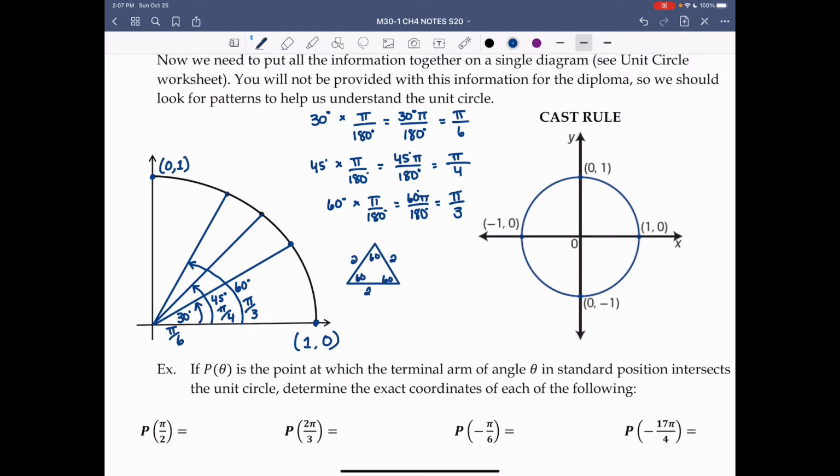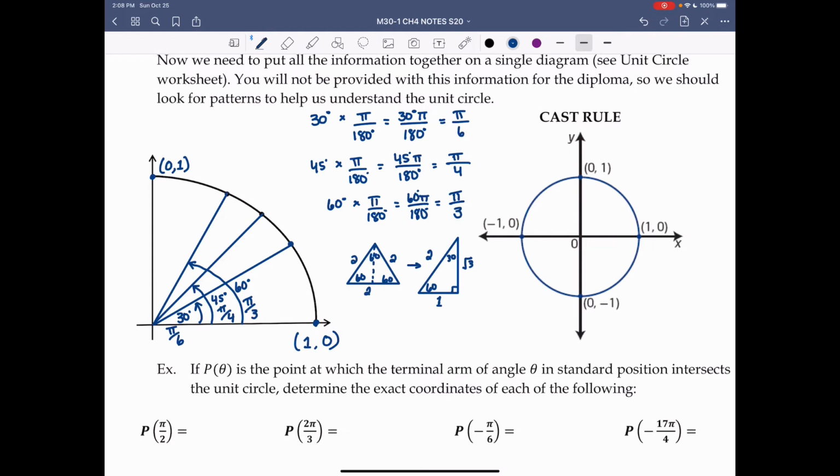We divided it down the middle. Then we got a right triangle from that. Bottom left angle still 60. Top angle got divided by 2, so now it's 30. And then we have our right angle. Hypotenuse is 2. Bottom side is 1. And then we calculated the other side to be root 3 using Pythagorean Theorem.